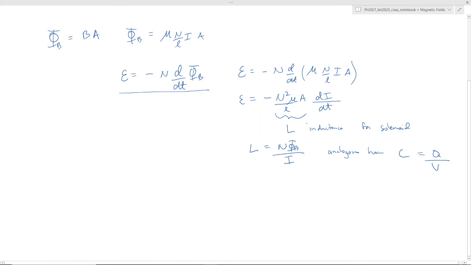Kind of what's qualitatively, big picture: if we had more time, we would go into a lot more detail about this. But when we were talking about capacitors, we were talking about energy stored in an electric field. Well, when we're talking about inductors, you can store energy in a magnetic field.